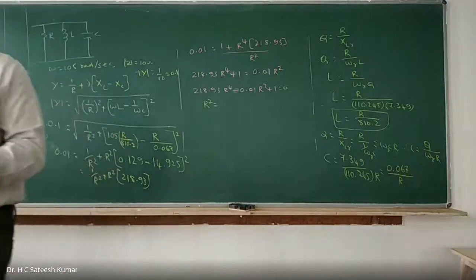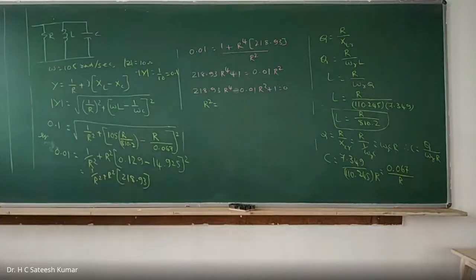Not R 4, R square; actually it is a quadratic equation in square. Second quadratic equation, ax square plus bx plus c. 218.93 minus 0.01 plus 1.